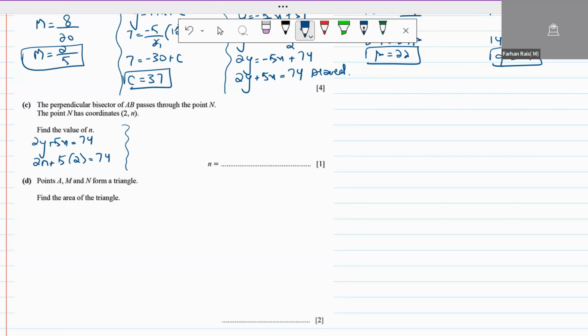We'll have 2n plus 10 is equal to 74. 2n is equal to 74 minus 10, that's 64. And n is equal to 64 upon 2, which is 32. So we get n as 32 here.